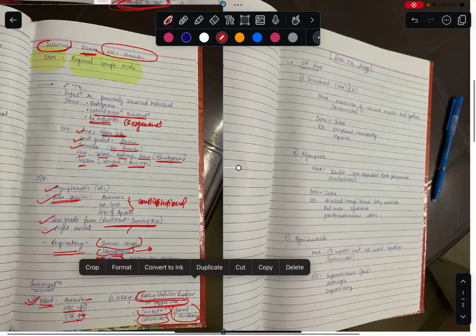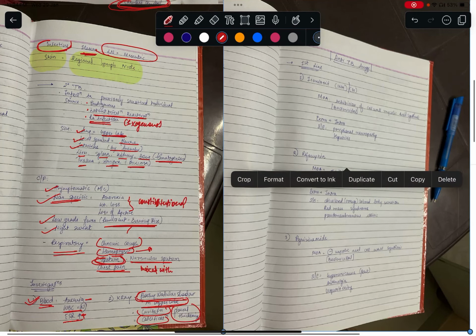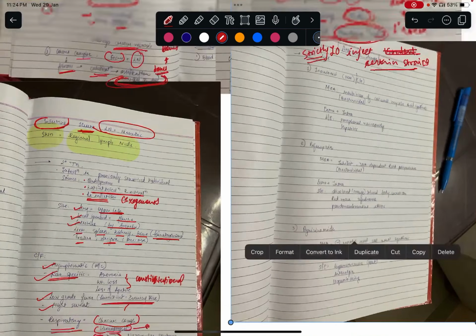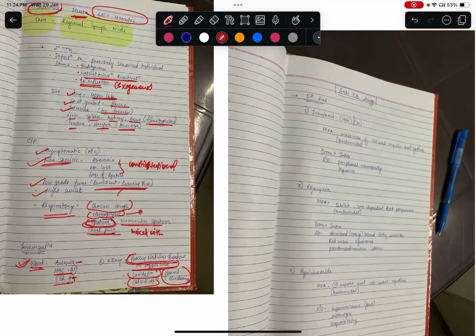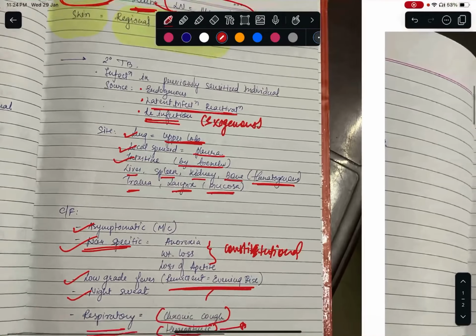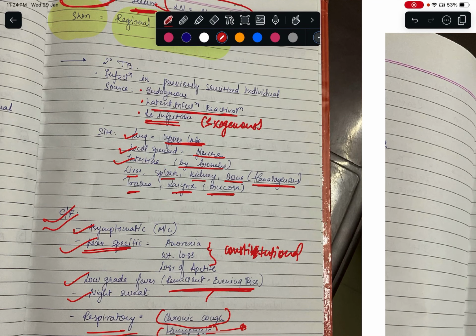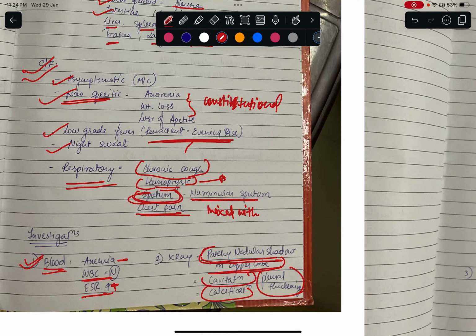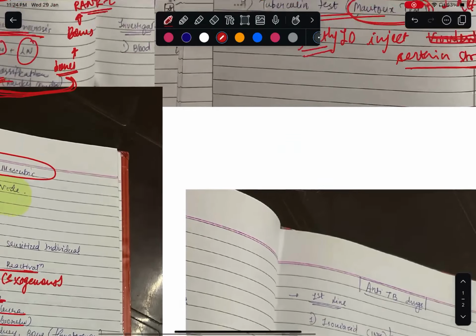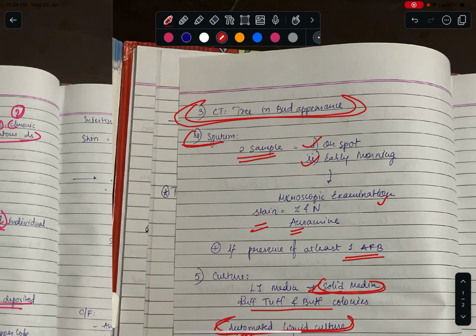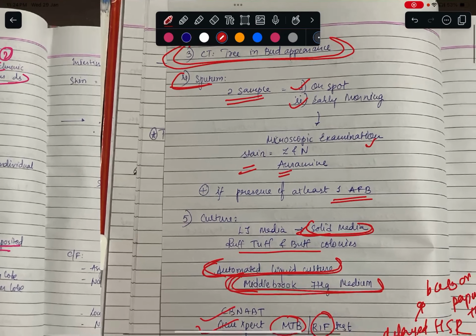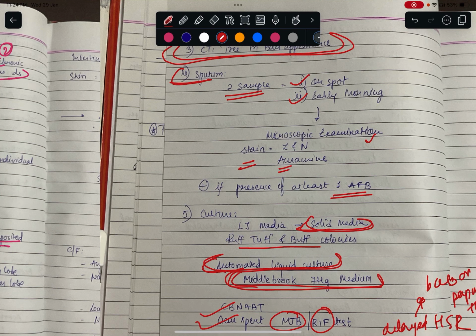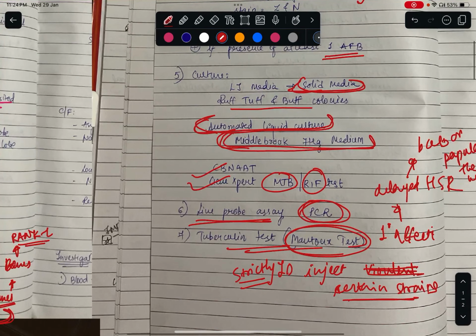Then we saw secondary TB, its clinical features, and investigations: blood, X-ray, CT, then sputum and culture, solid media and automated liquid culture. Then CBNAAT, GeneXpert, line probe assay, and tuberculin test.